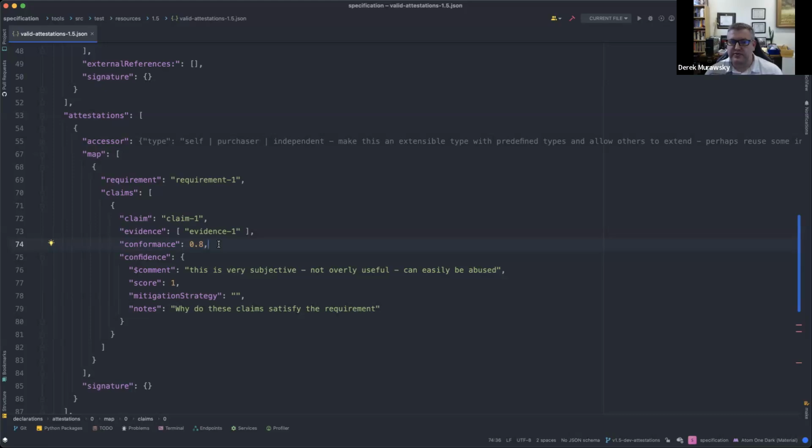But when it gets to the auditor, who theoretically would be the person doing this attestation, they may have a different perspective on whether I actually meet the requirement or not. So that's why I would suggest we probably need to support it in both places, because it means different things in those areas. The claim level means something different than the attestation level.